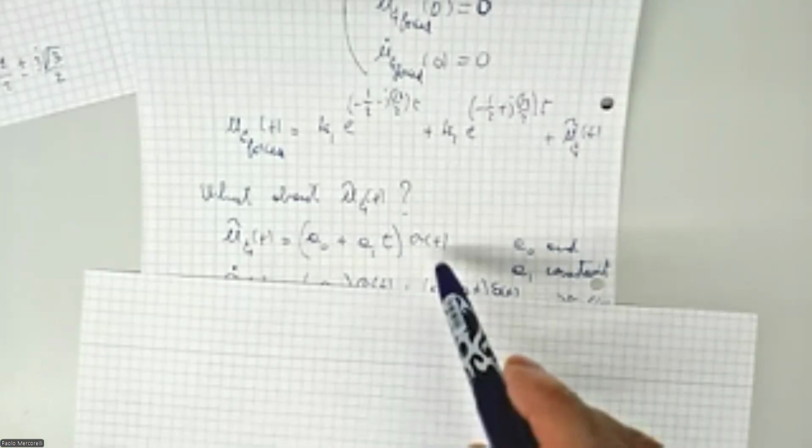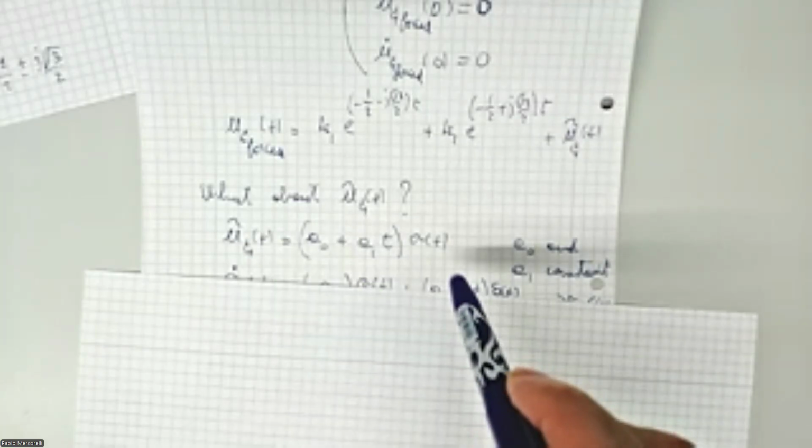The reason is that in a linear system, the output reflects, at least, I will tell you now what it means, the structure of the input.